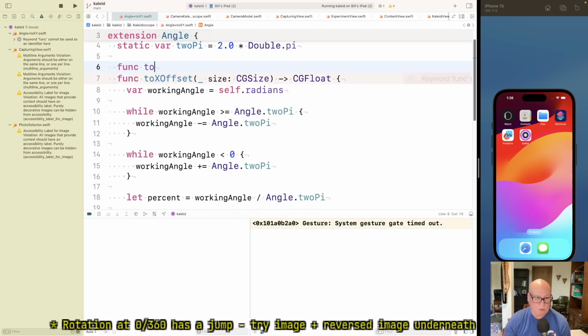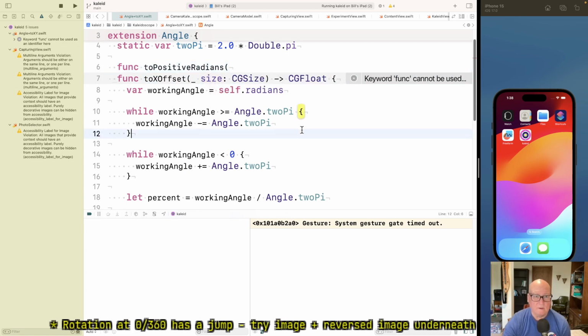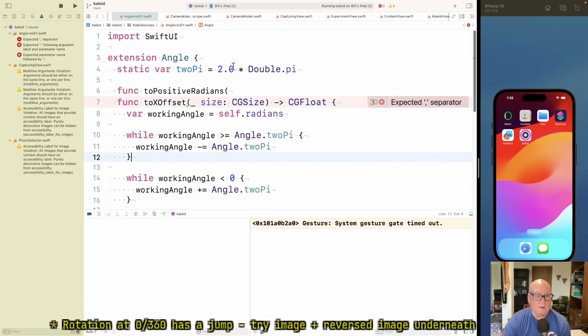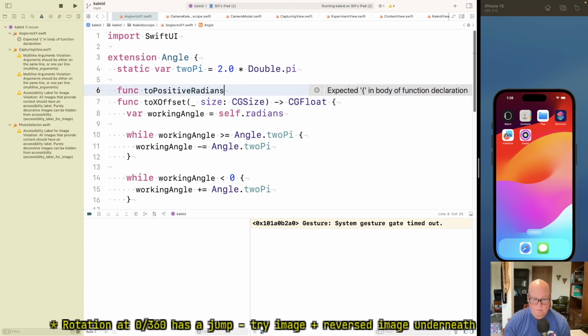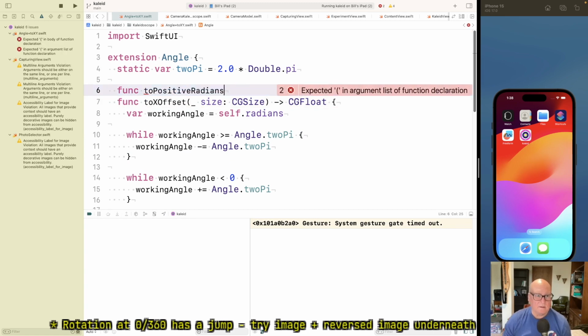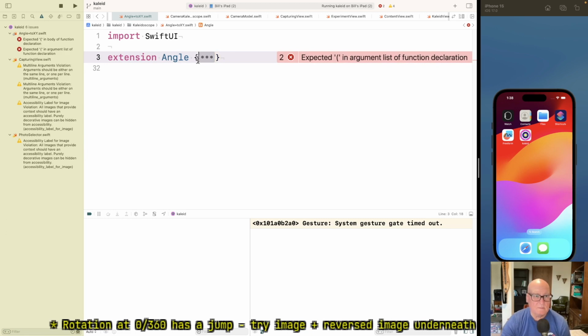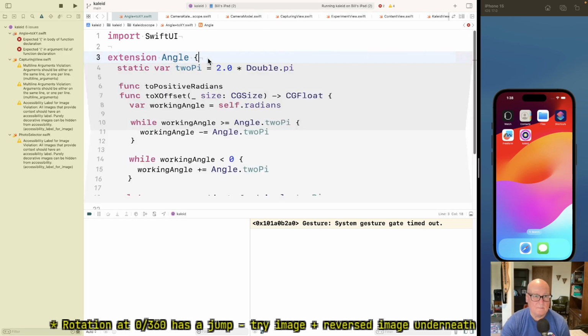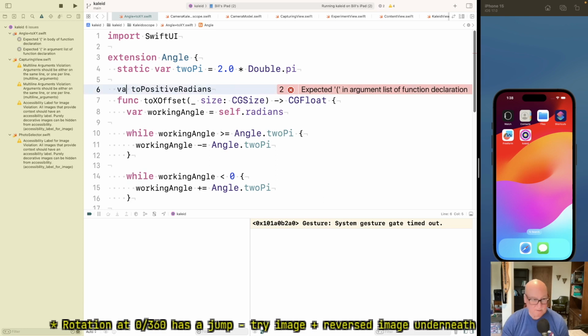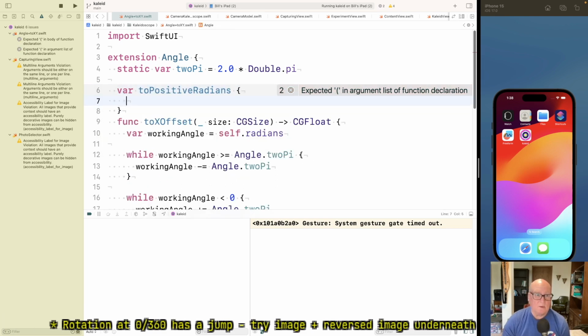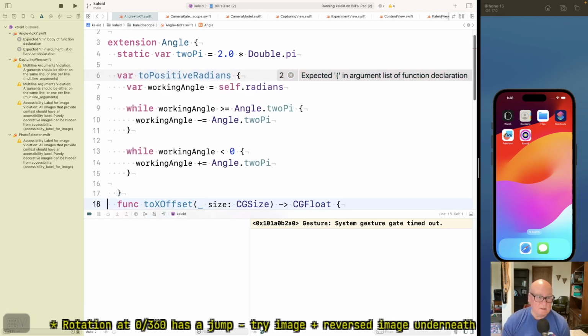This is 2 positive radians of self. I guess we don't need that then. I guess we'll make this just a variable. 2 positive radians for yourself is something like that.